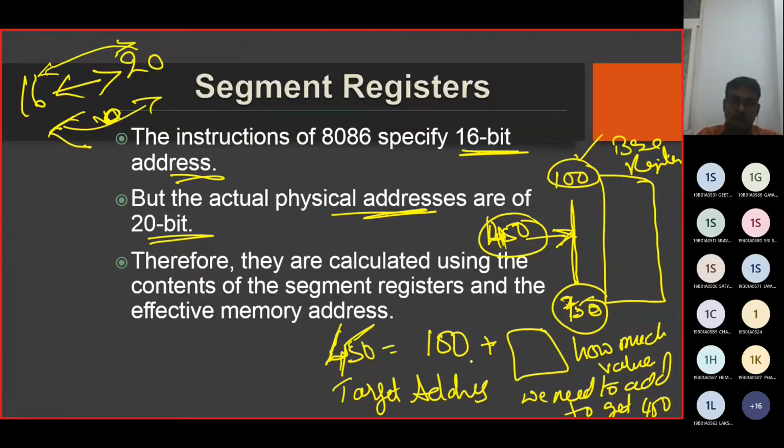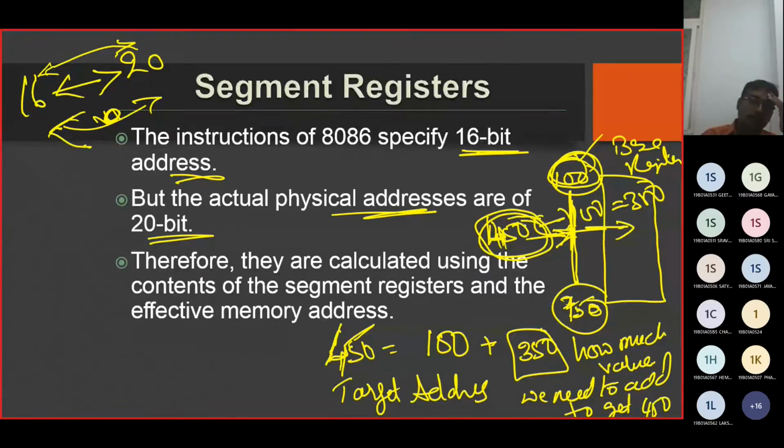Starting address is 100, and my CPU has to move from 100 to 450. So how much of a jump does it have to do? It has to do a jump of 350 locations. How did I know it? Because 450 minus 100 equals 350. I am at position 100 and the data I need is at the 450th position.